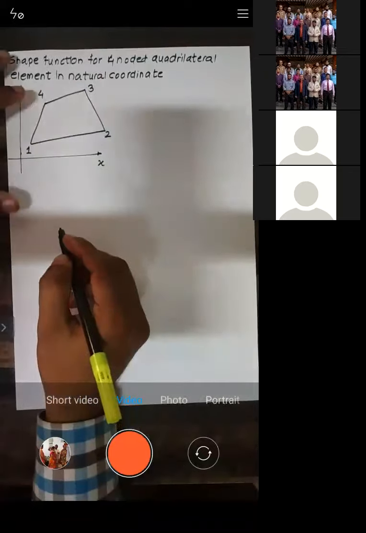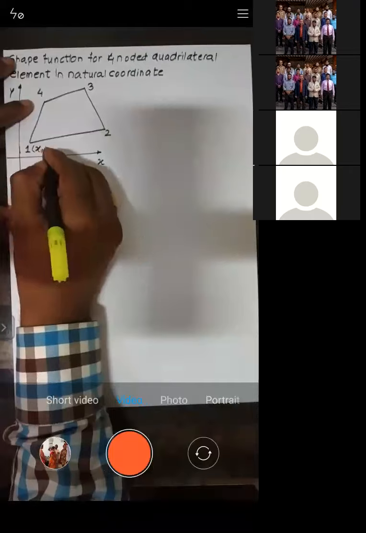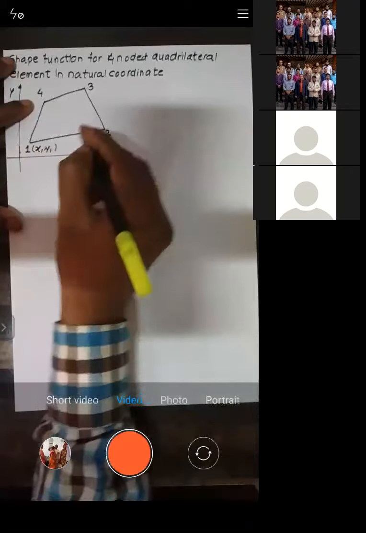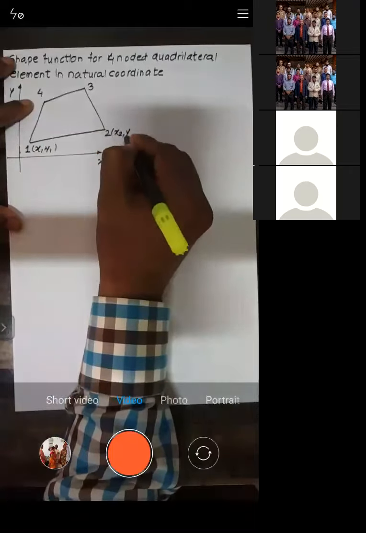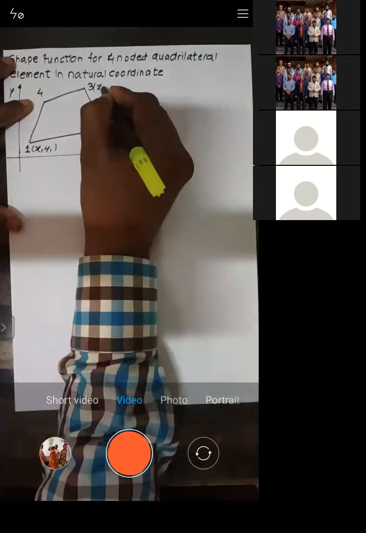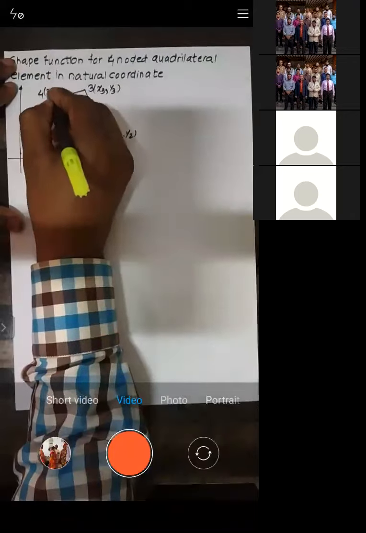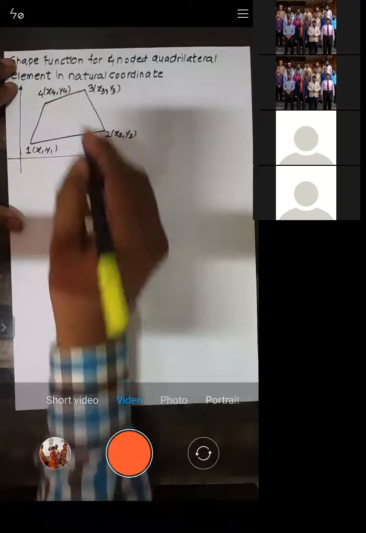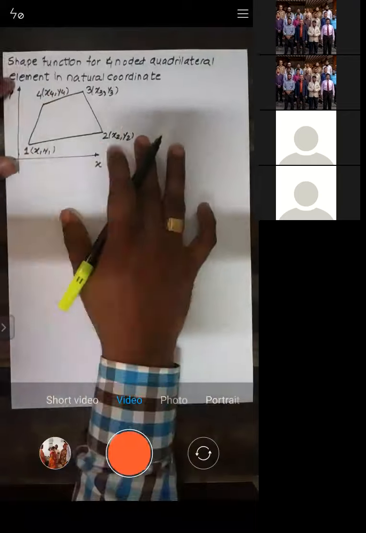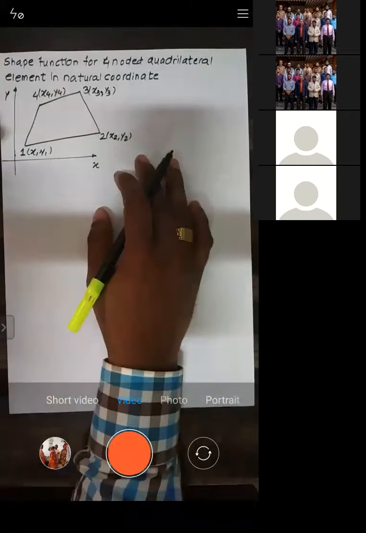So these are the four nodes with the coordinates x1, y1, then x2, y2, then x3, y3, and x4, y4. So these are the coordinates of every node, in the Cartesian coordinate.